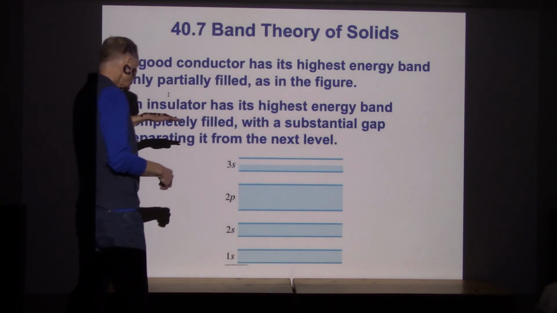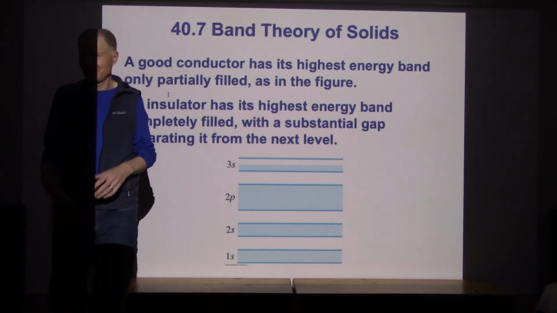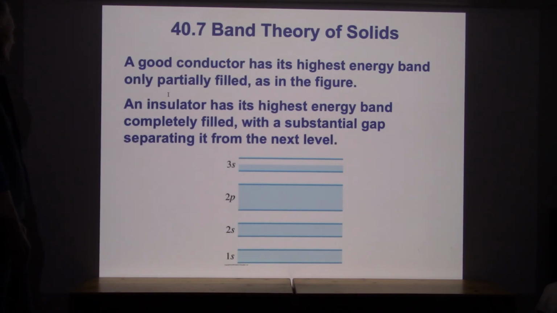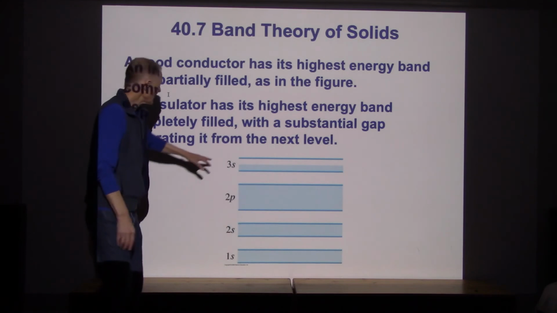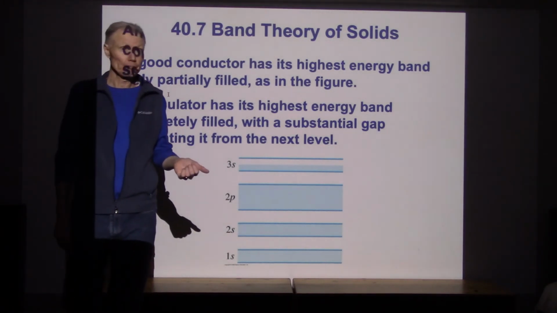And so we're down on the third row. I'm guessing this is sodium? It's sodium, right? Yeah, it's sodium. So this is the electron configuration for sodium.